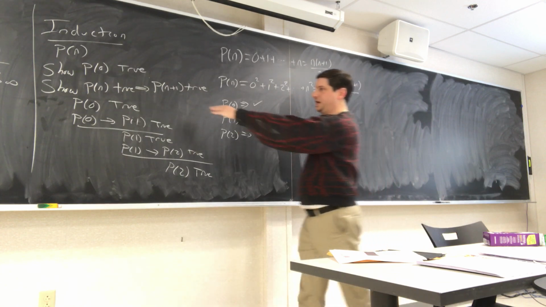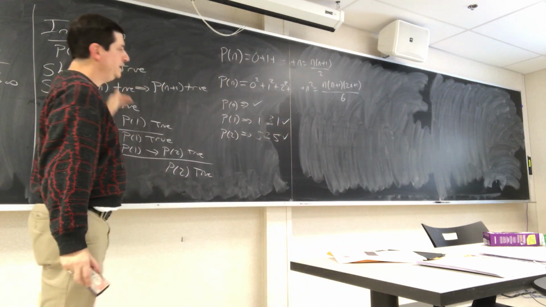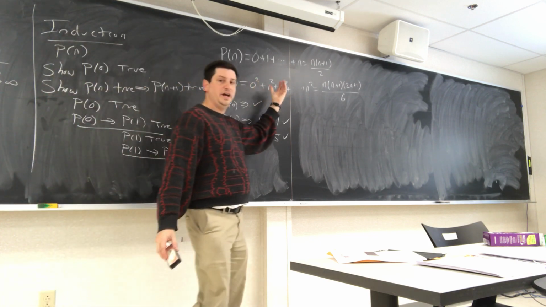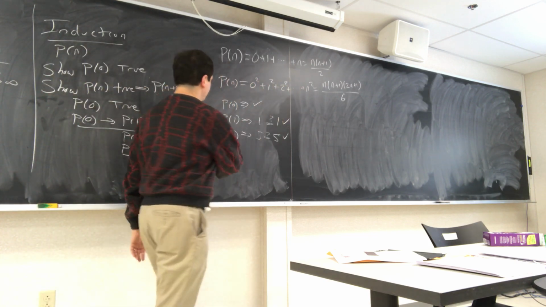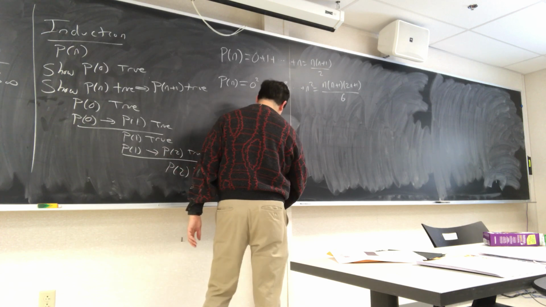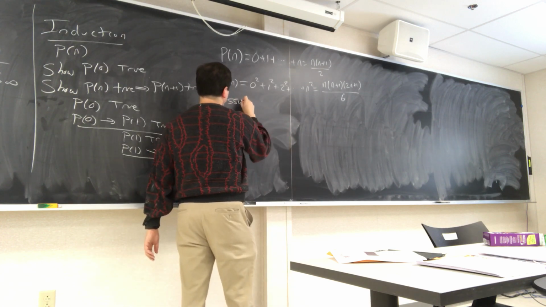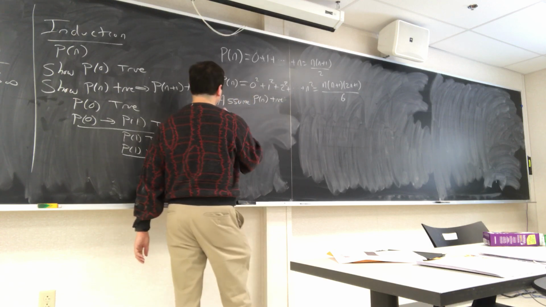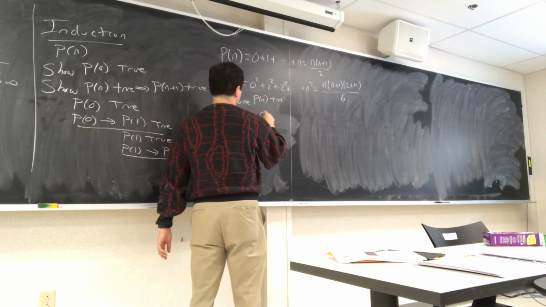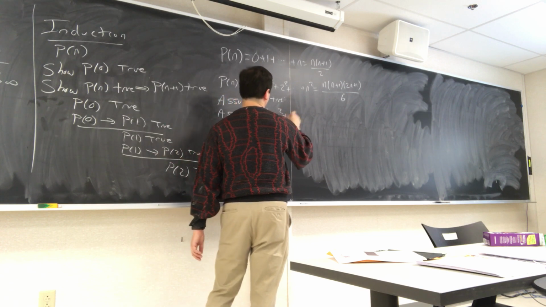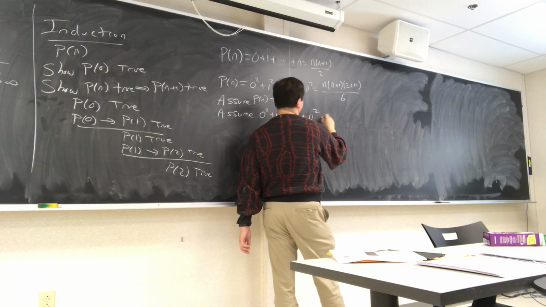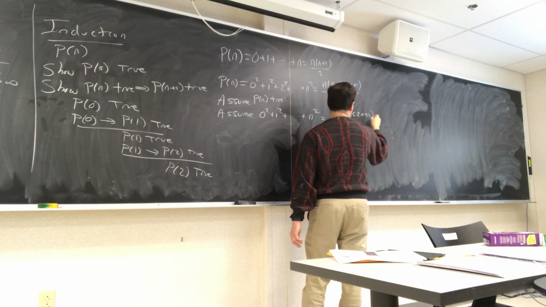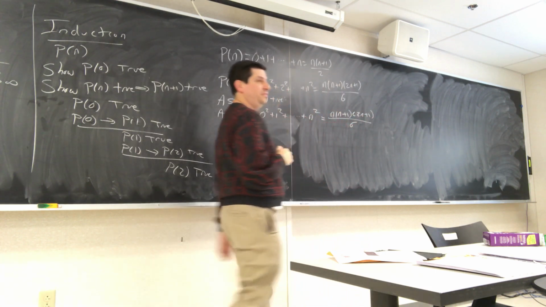So we've done the base case. We've shown P0 is true. Now we want to prove the inductive step. We want to assume it's true for n and show it's true for n plus 1. So we get to assume Pn is true. So we can assume 0 squared plus 1 squared plus up to n squared is n times n plus 1 times 2n plus 1 over 6.